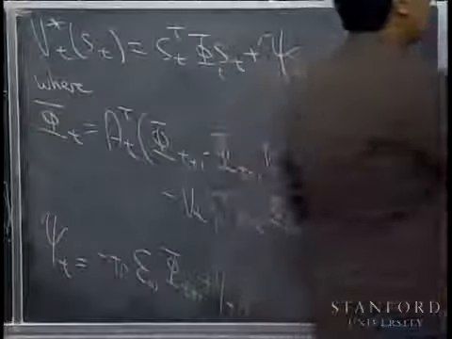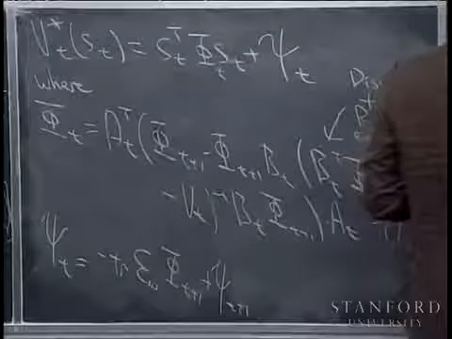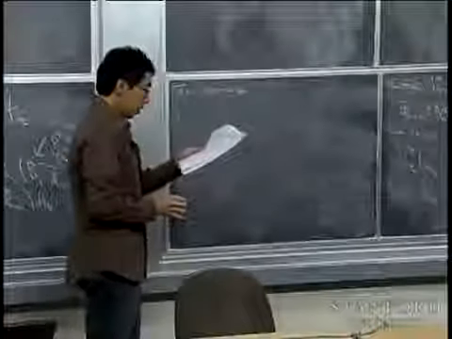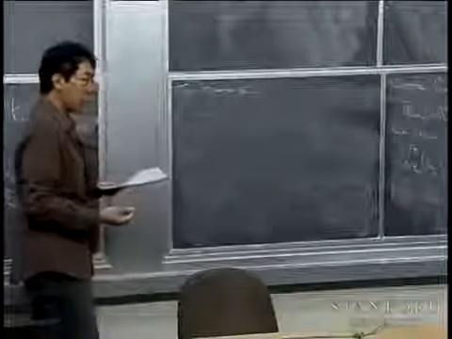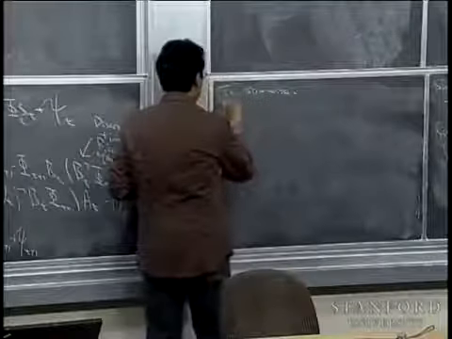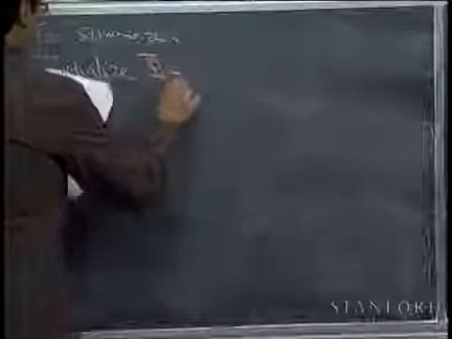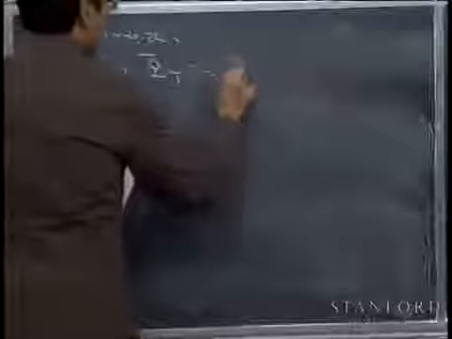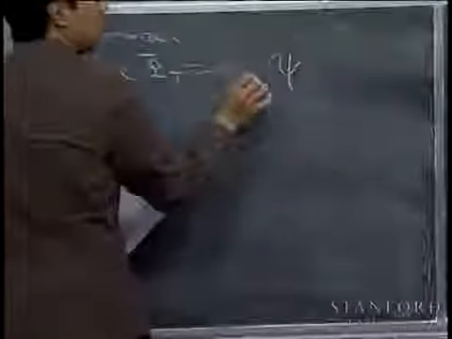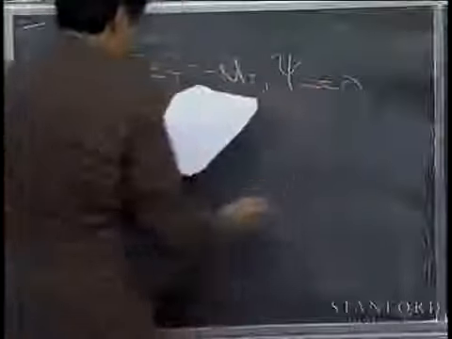To summarize, our algorithm for finding the exact solution to finite horizon LQR problems is as follows. We initialize phi capital T to be equal to minus A, and psi capital T to be equal to 0.